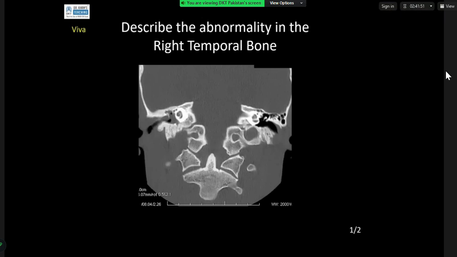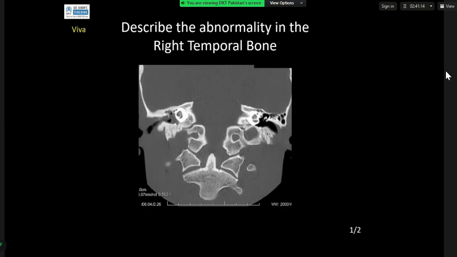Okay. There is opacification of the middle ear air space. I could not appreciate the ossicles as I can see them on the left side. There is erosion of the scutum. It also looks like the tegmen tympani, which is the superolateral part, is slightly sclerotic compared to the left side.